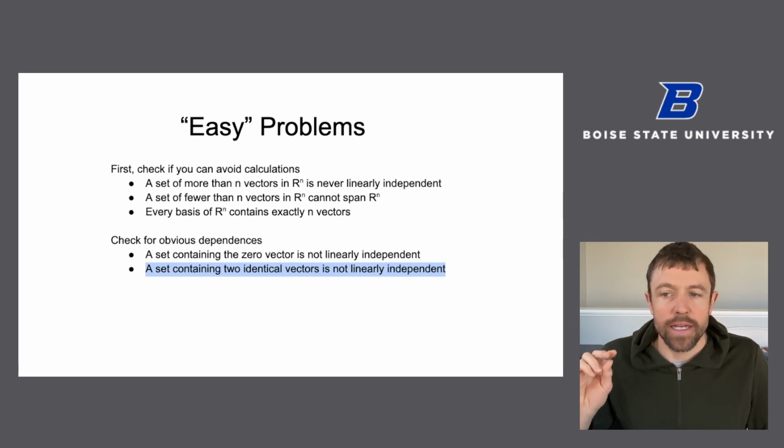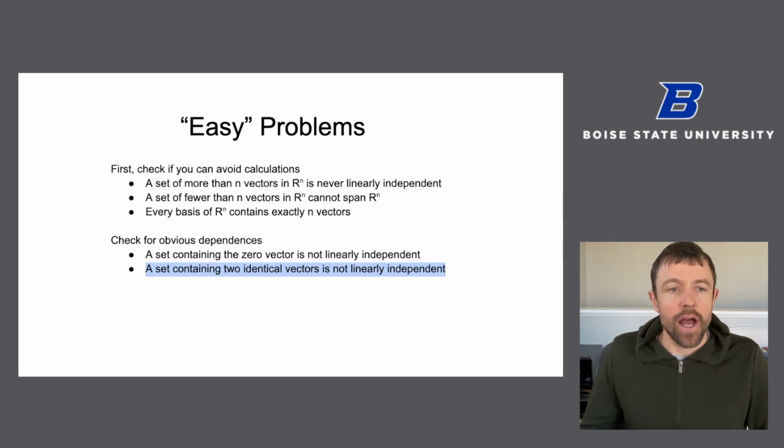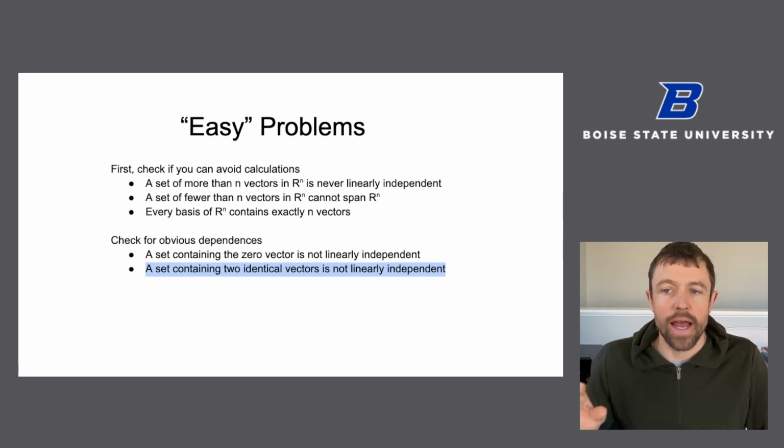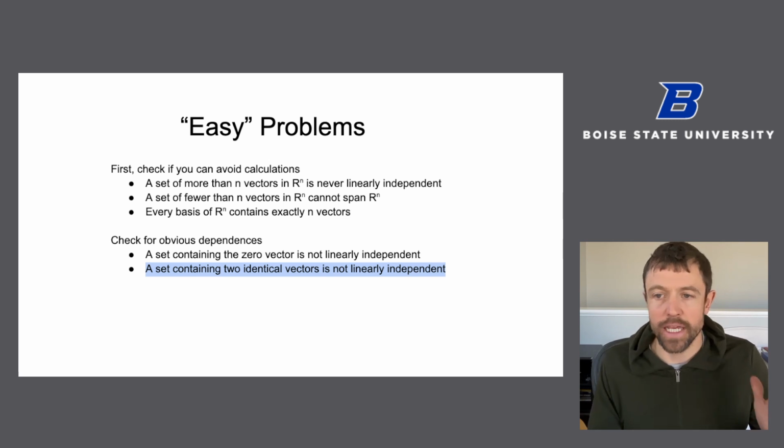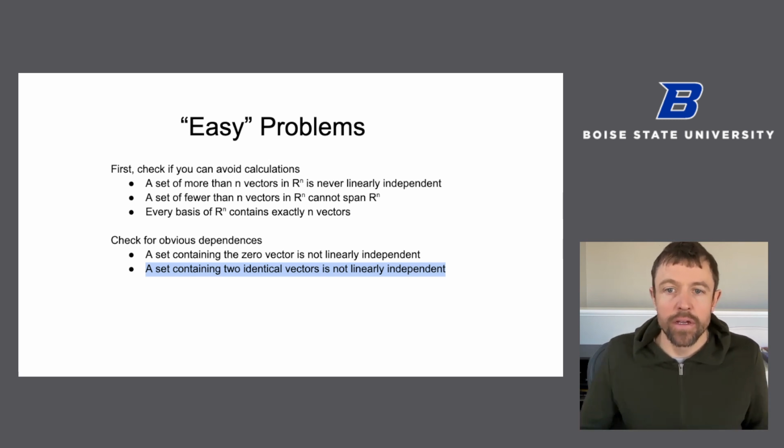Technically, a set with identical elements is called a multiset. A set's not really allowed to have copies, but we'll see later in the course that there are good reasons to want to consider sets containing identical vectors. We'll be talking about columns of matrices, and there's no reason that a matrix can't have two identical columns. So these are the easy approaches. We'll deal with the hard approaches when we get there.